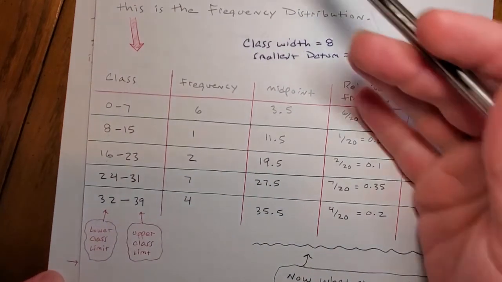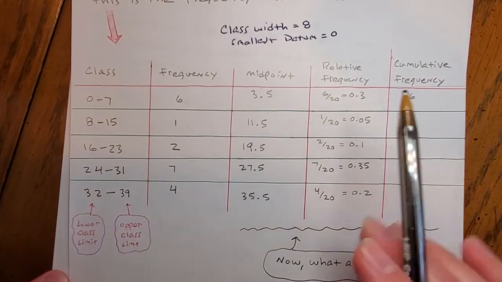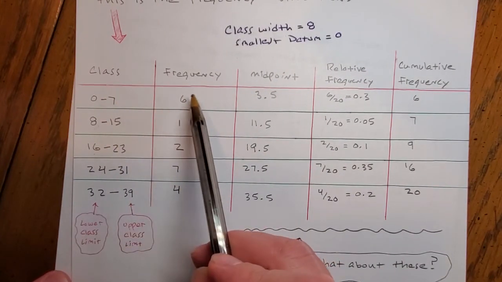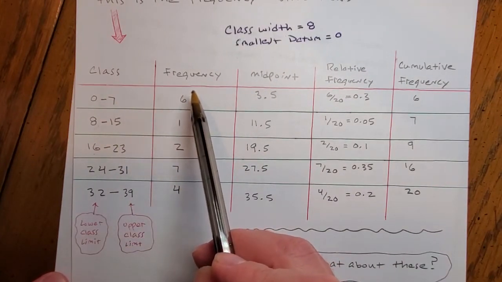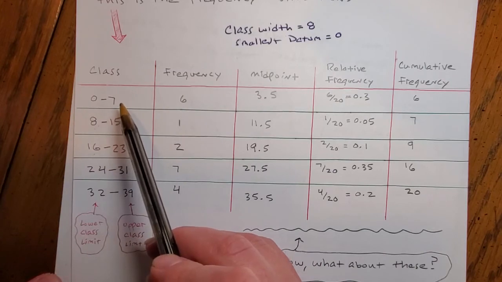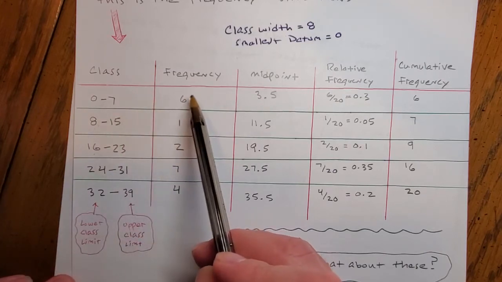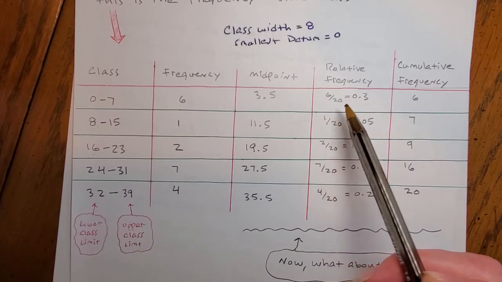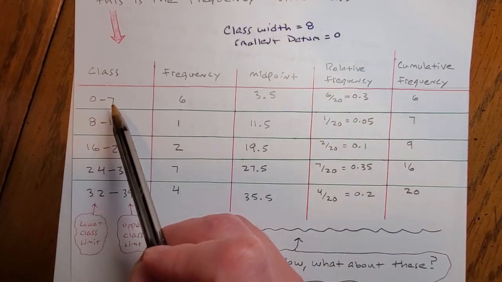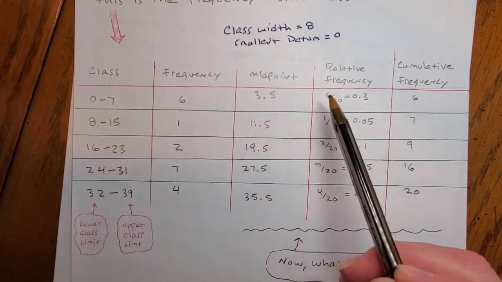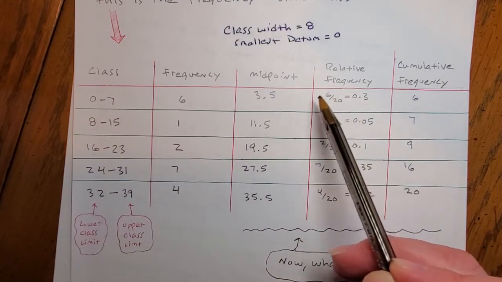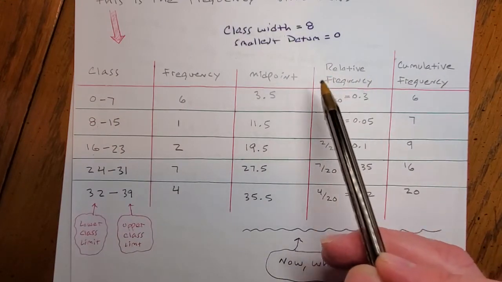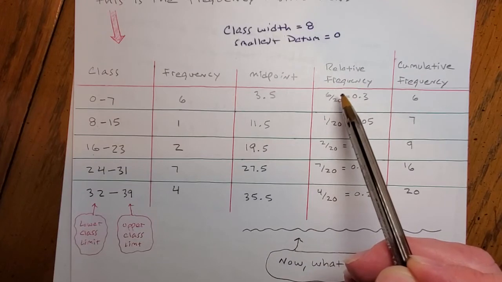So the relative frequency is kind of like this. We'll say, well, there were 6 people that were determined to read between 0 and 7 minutes of news. But we could also say, well, 6 out of 20 read between 0 and 7 minutes of news. That's the relative frequency, relative to the entire sample size.